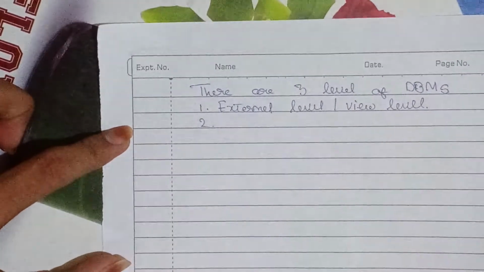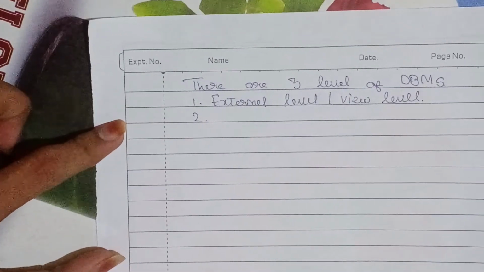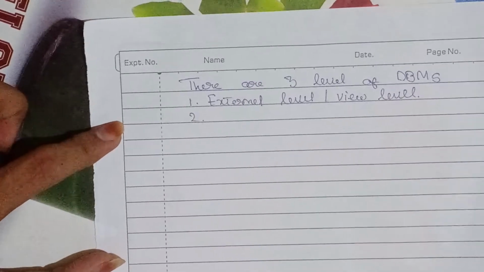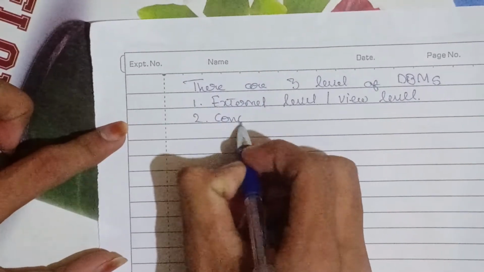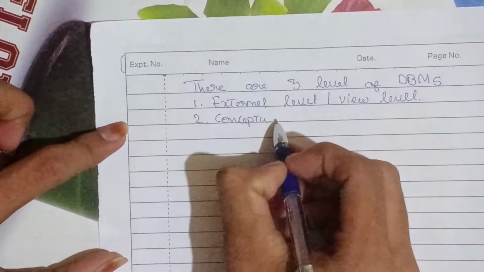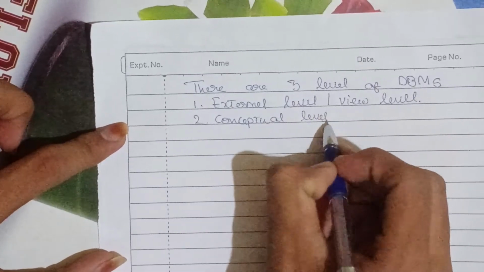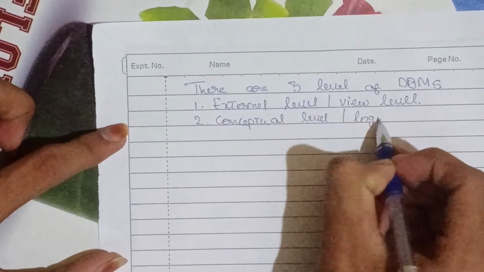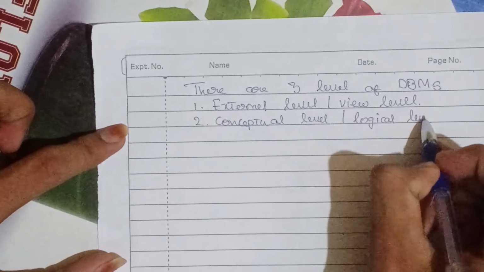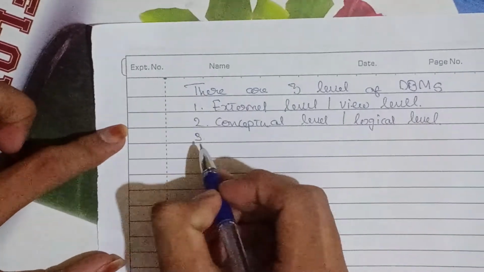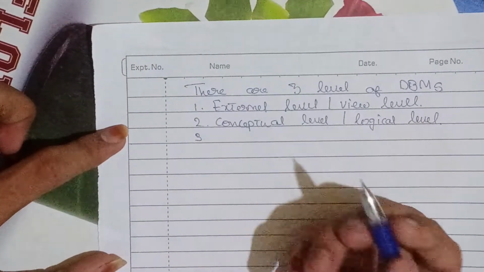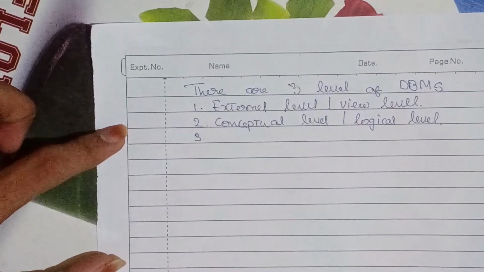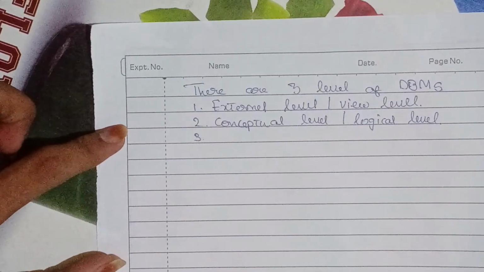Second one is the conceptual level, also called the logical level. Third one is the internal level, or physical level, or storage level.